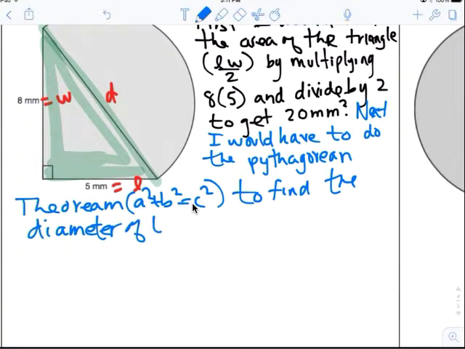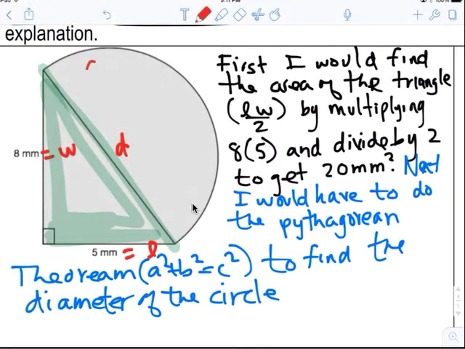Okay, let's do this. A squared plus b squared equals c squared.